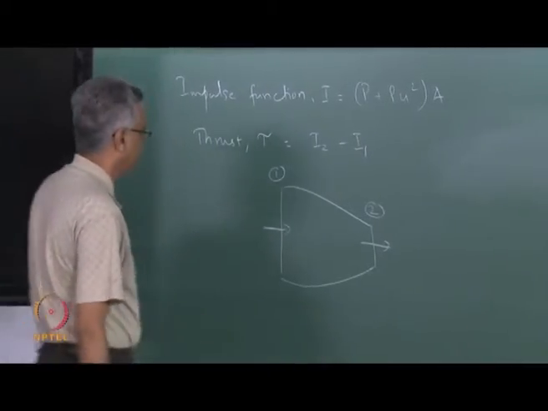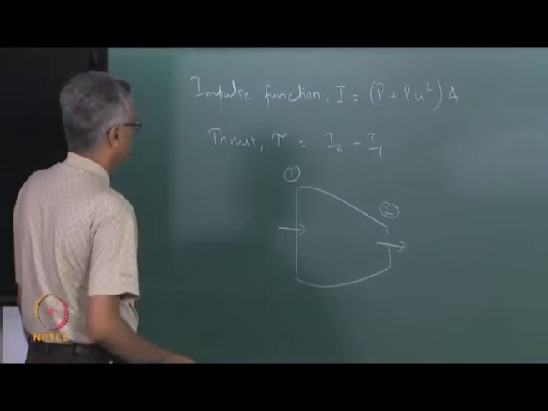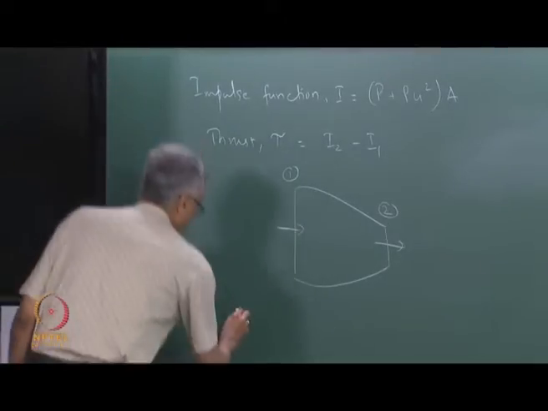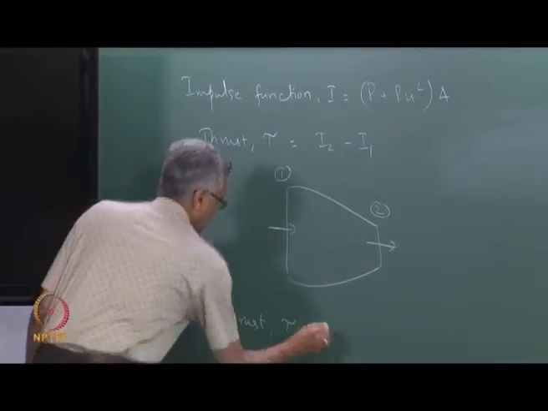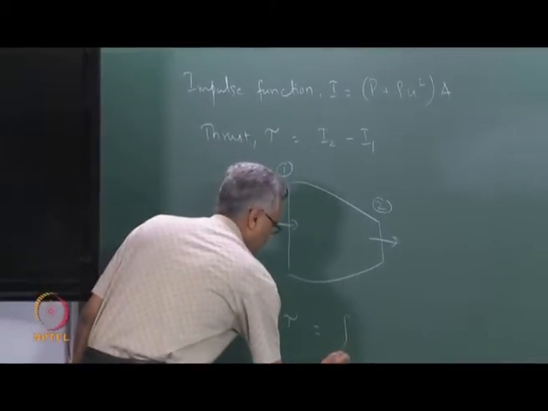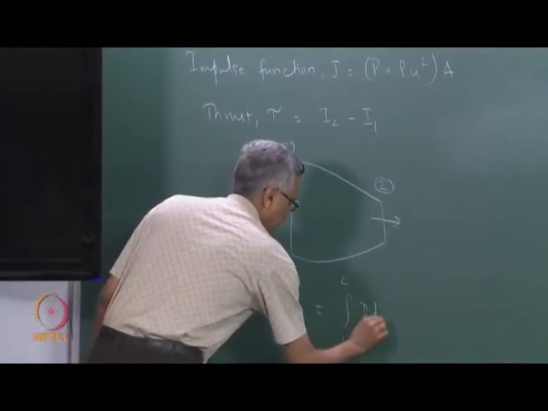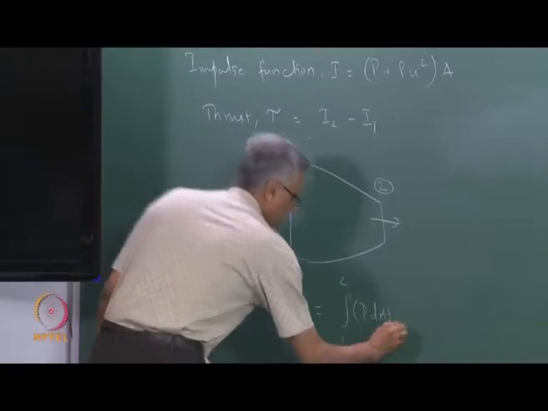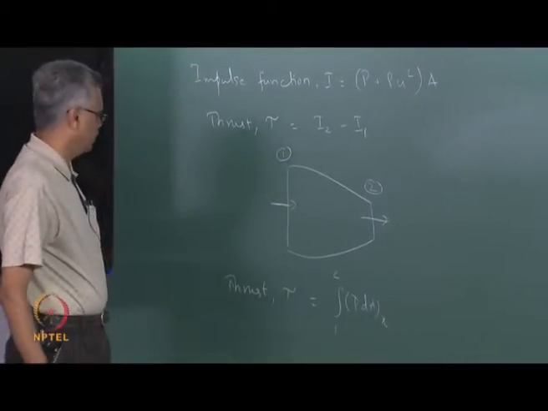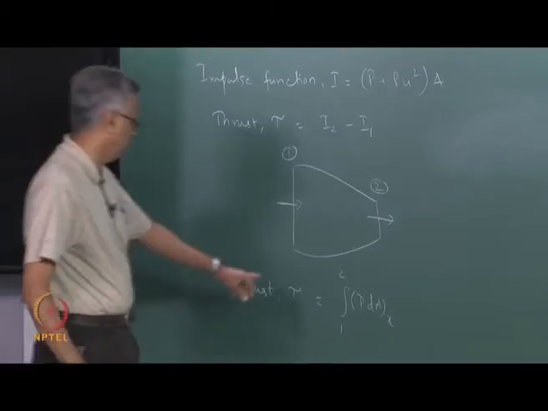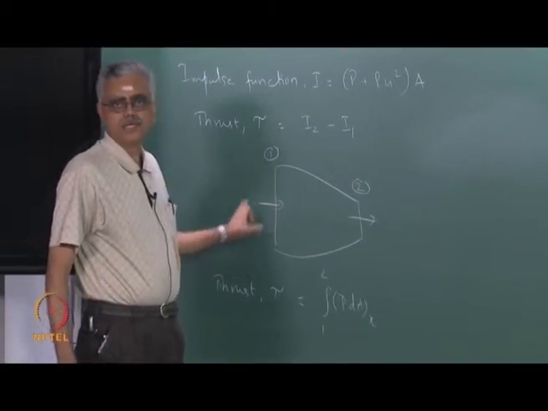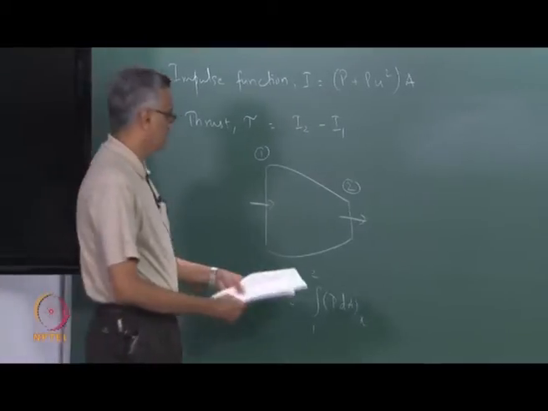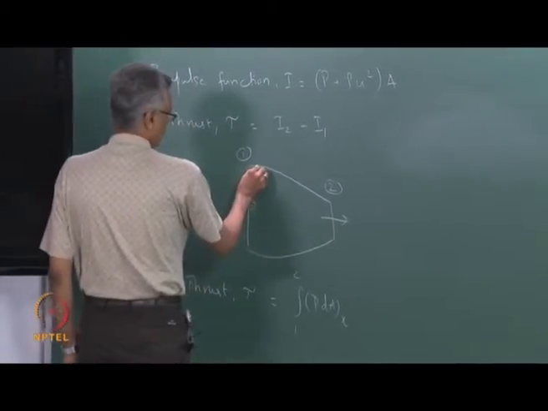We can determine this, for example, by using the fact that, as we showed yesterday, thrust T should also be equal to the integral from 1 to 2 of P dA, with the x component being calculated for evaluating the thrust. If you look at this kind of a device, as the fluid flows through, notice that the pressure forces are acting normal to the surface.